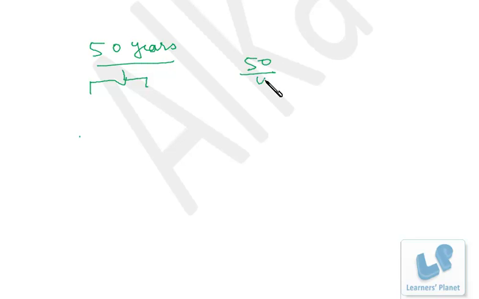So 50 divided by 4, that's 12 point something. So 12 completed years will be there. That means 12 leap years are there. And the remaining 38 are non-leap years.